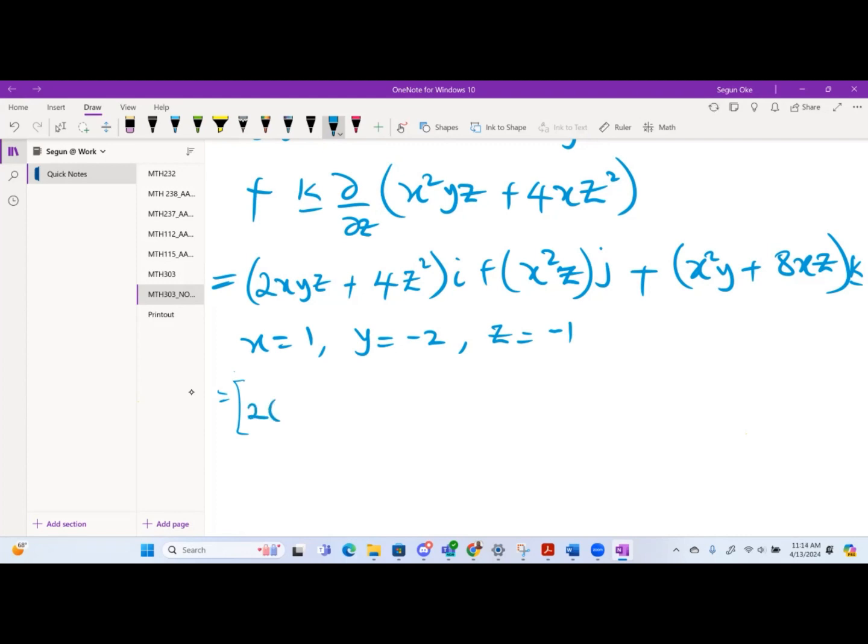We have 2 of 1, -2, and -1, i, plus two x. So we have x squared, right? We have 1 squared and -1. Everything j.